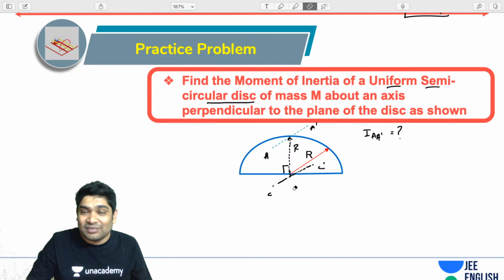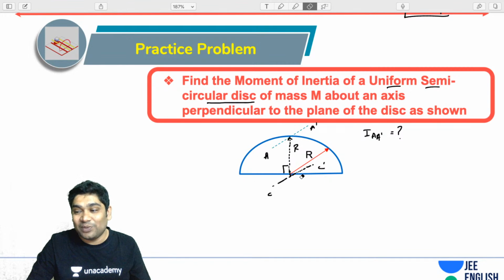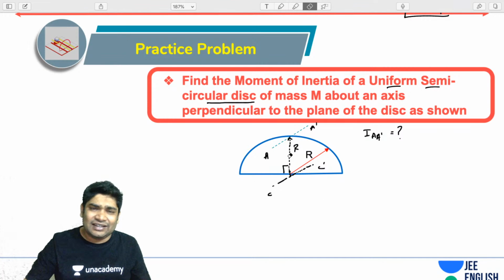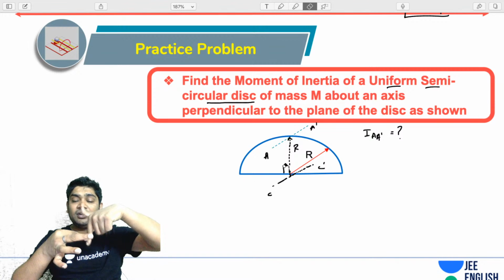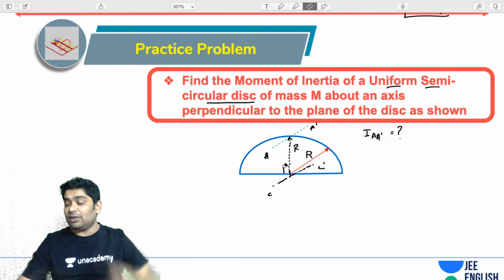Now you must remember one thing again, and that is the common mistake that people make. We know CC dash, right? CC dash is MR square by 2. I hope you remember that. Why? As I told you in the last class, for any sector of a disk, the moment of inertia about an axis perpendicular to the plane of the disk remains MR square by 2 only.